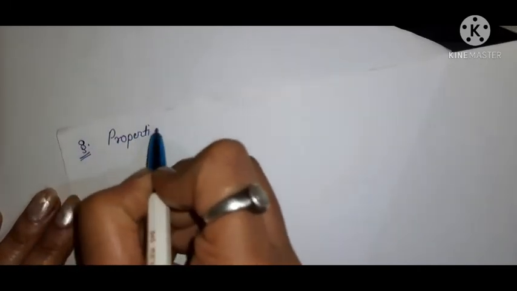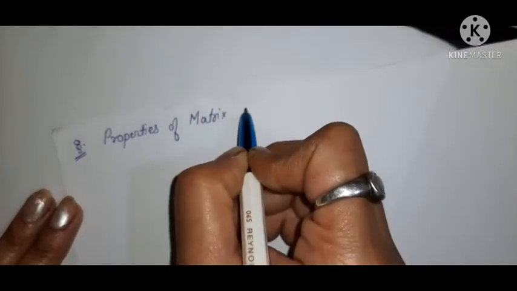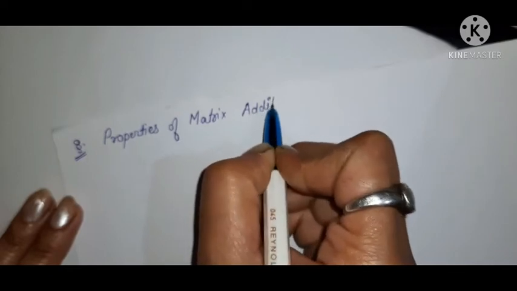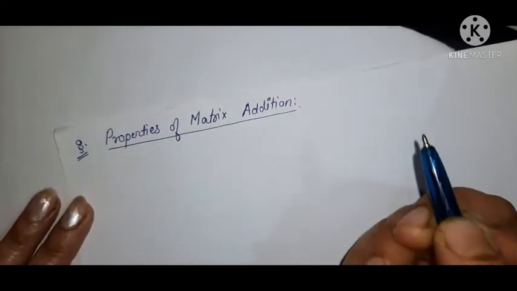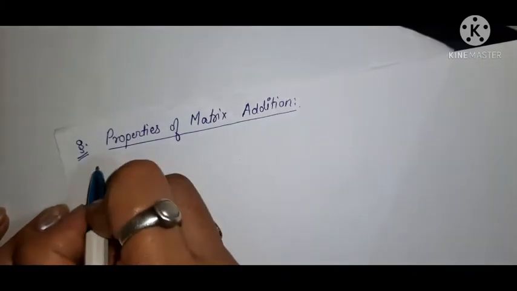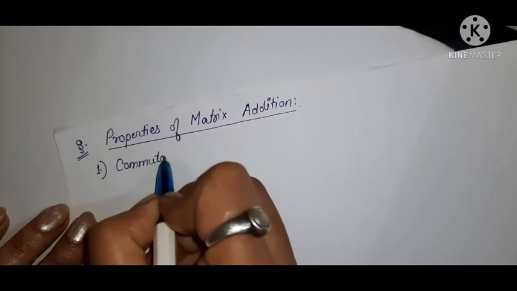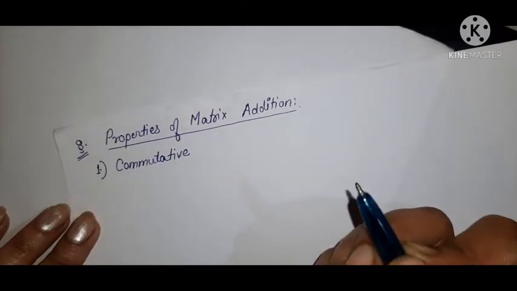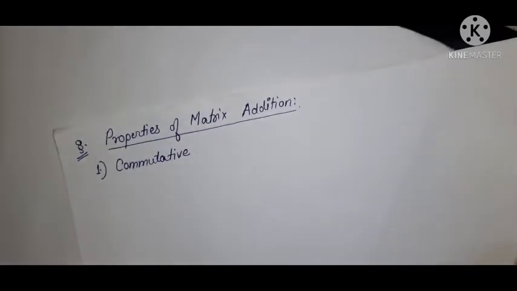Next, we move to properties of matrix addition. So the very first property is commutative. You all know what is commutative.